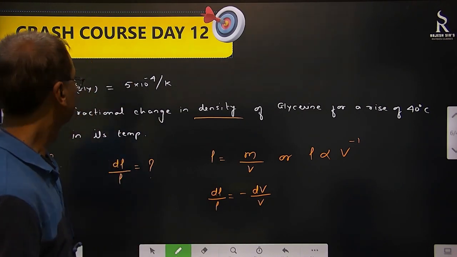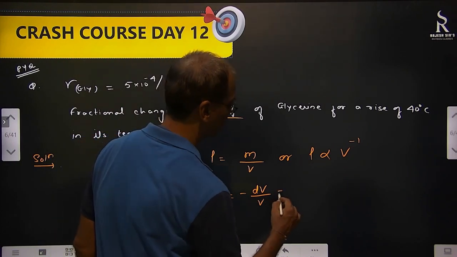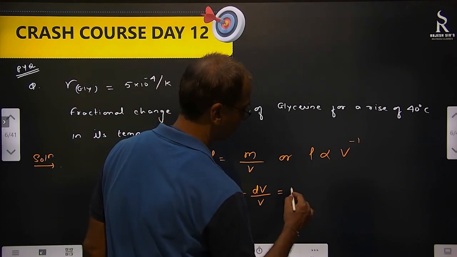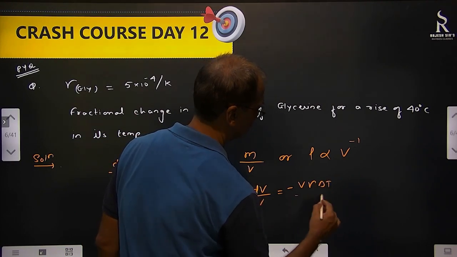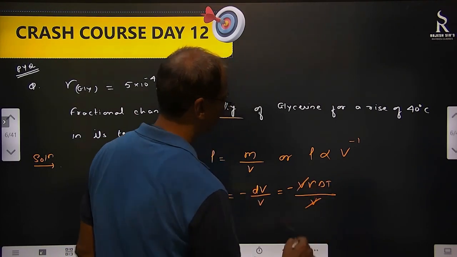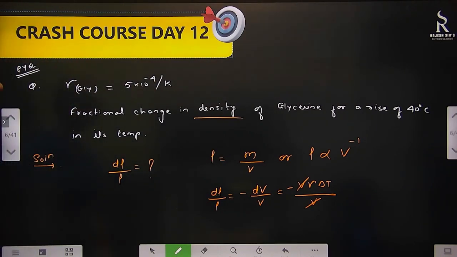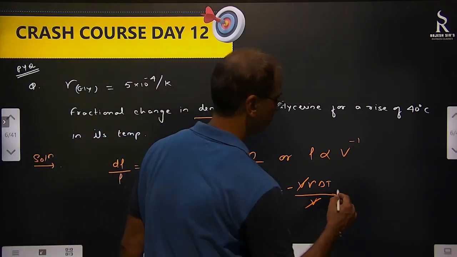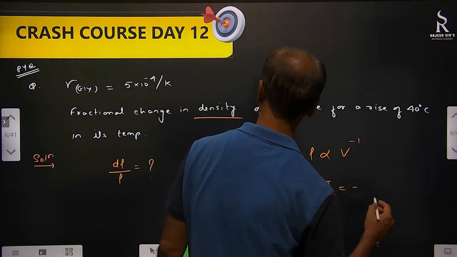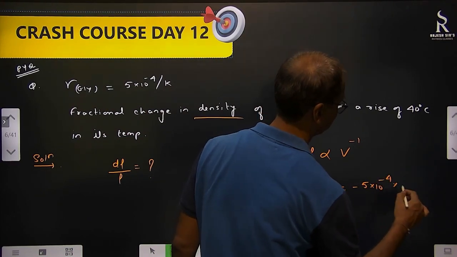Okay, fine. So volume change means what? dV means V gamma delta T, minus V gamma delta T by V. That's it. This is cancelled. So if gamma is given to me and delta T is there, that means I have d rho by rho. So gamma is there, delta T is also there. So put it minus 5 into 10 to the power minus 4 into 40.